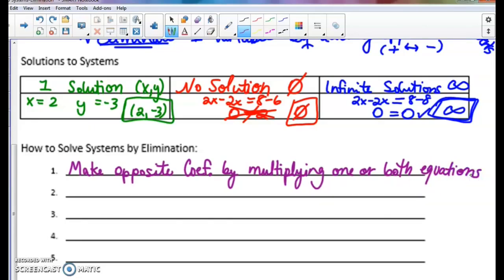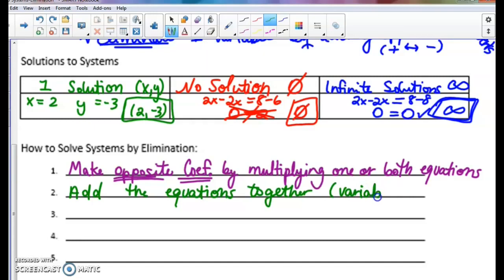There we go. So once we make those opposite coefficients, that's the keywords for that one, then we're going to add the equations together. If you did step 1 correctly, a variable should cancel out or be eliminated.